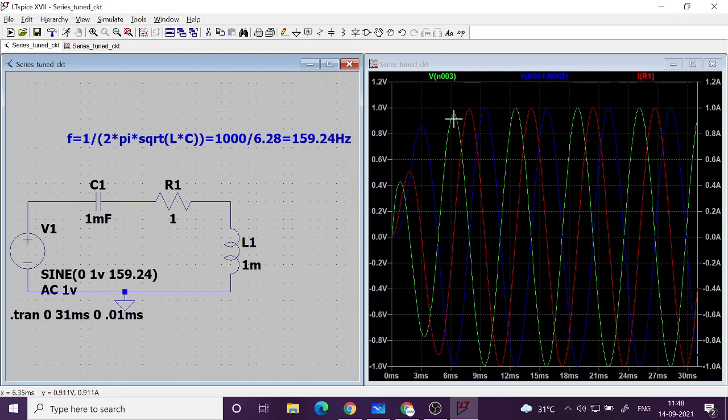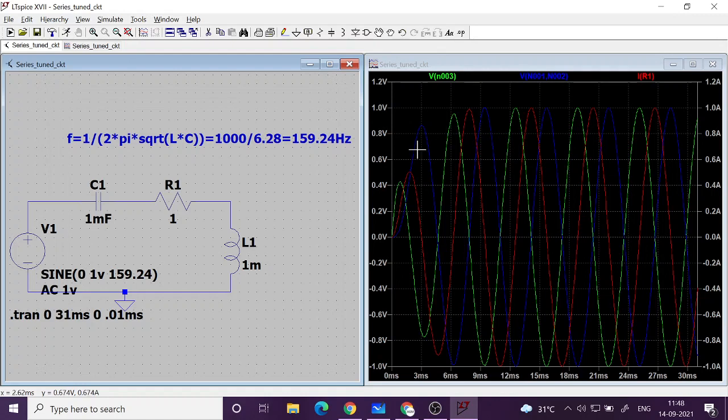So this is like the shifted version which we just learned. Okay, so these are all voltages. Usually capacitor current leads by 90 degree with its voltage, right?